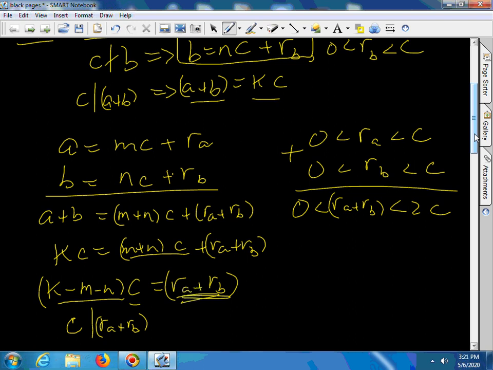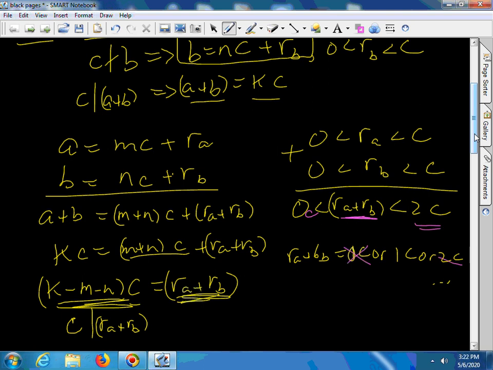Now, RA plus RB being a multiple of C, it either equals 0C, or 1C, or 2C, etc. But it's not 0C.